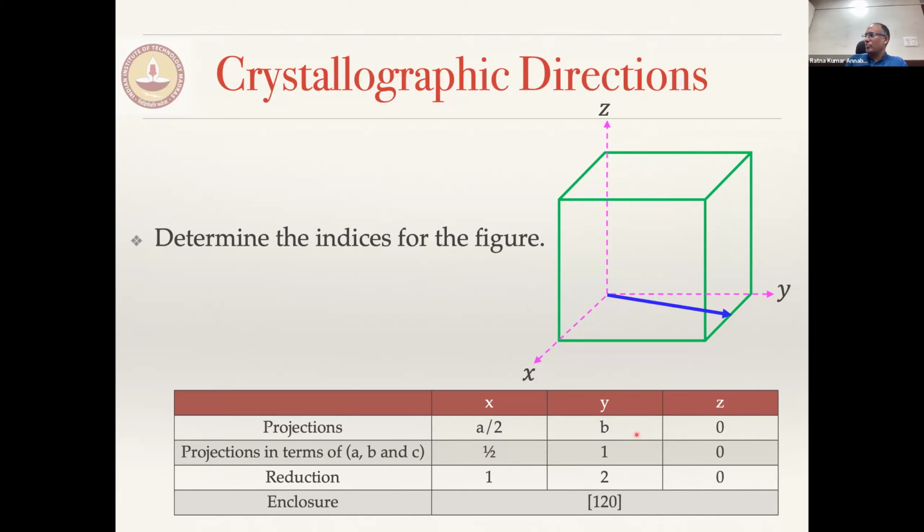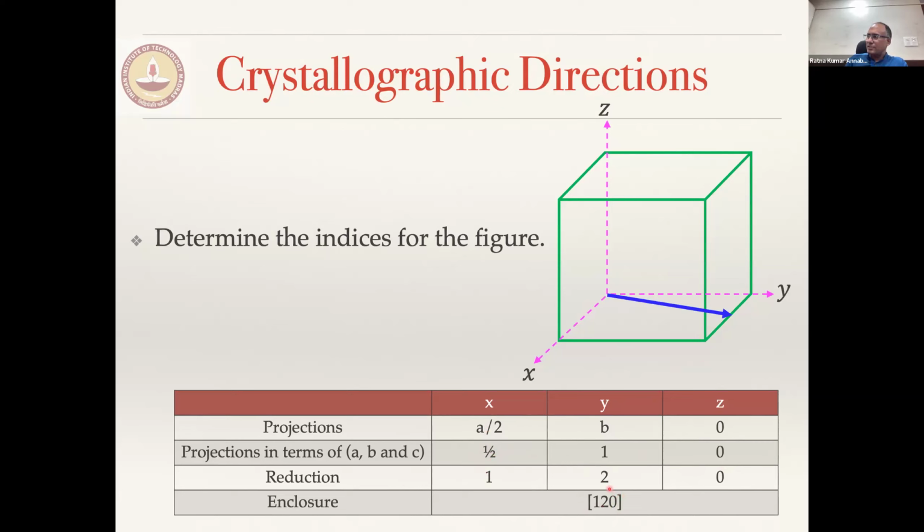So instead of a by 2, b, 0, we will write 1 half, 1, 0. But we don't represent these numbers as fractions, so you multiply by a common factor to reduce them to the lowest integers. If you multiply by 2, this becomes 1, 2, 0. Then this direction will be [1 2 0]. When you represent a crystallographic direction, you put it in a square bracket.